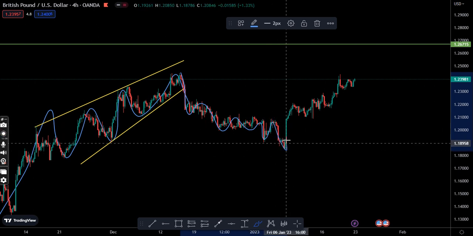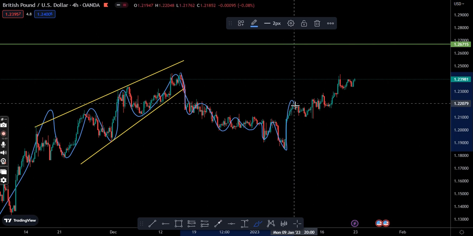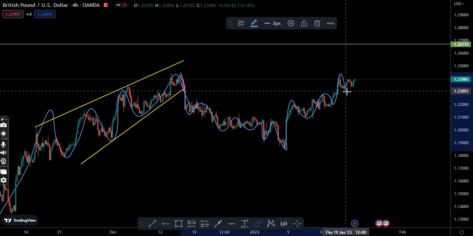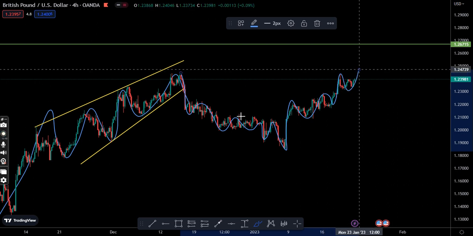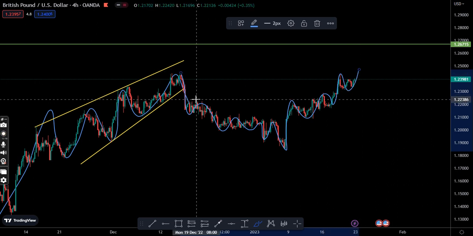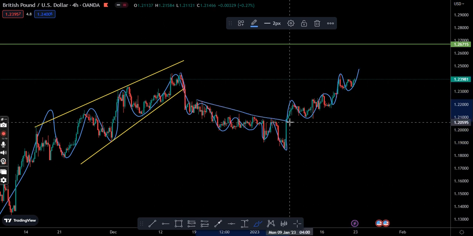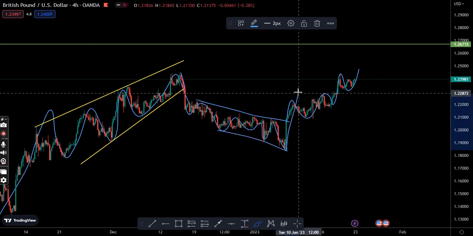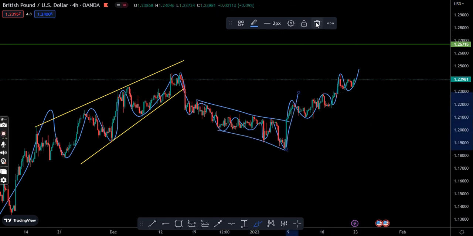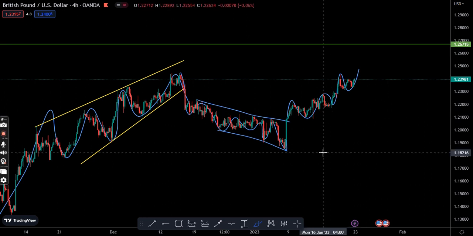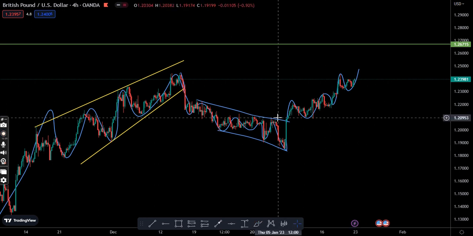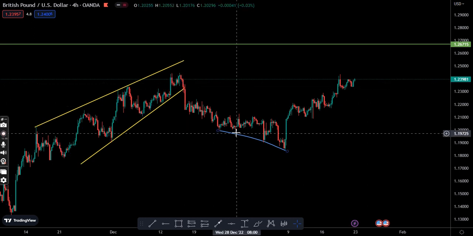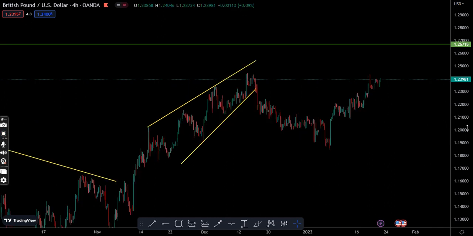That means whatever we get on the correction in terms of patterns, it will be alerting us that the market wants to turn the direction to the upside. So let me get rid of everything so that the chart will be cleaner and easier to understand.